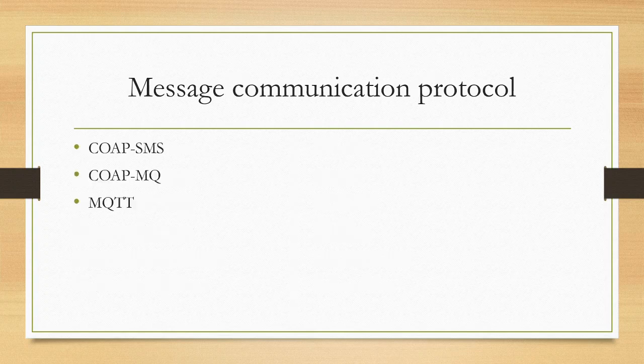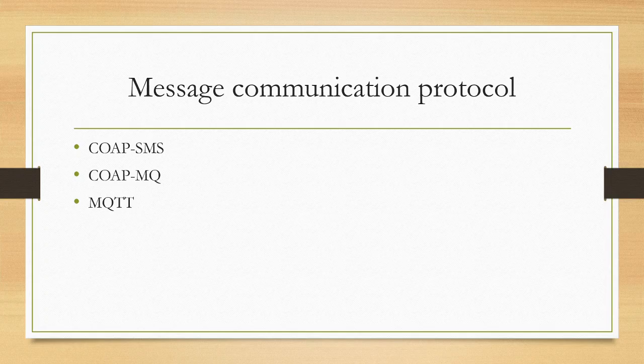Message communication protocol: CoAP SMS transport layer, 160 characters. It is used for communicating with GSM or GPRS mobile devices, drafted by IETF. CoAP over SMS is a protocol where a CoAP object uses IP as well as cellular networks and uses SMS.